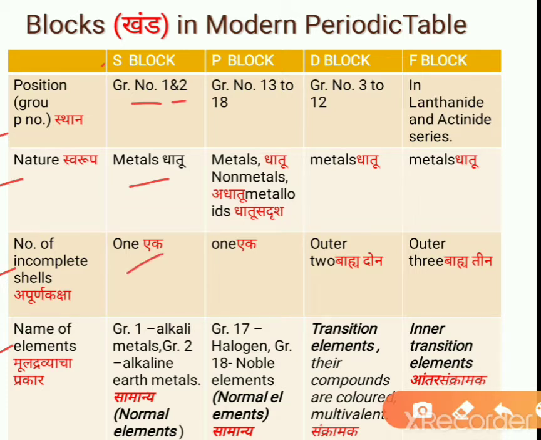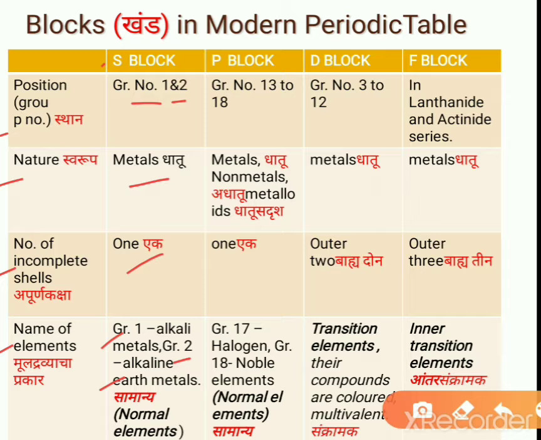These elements have only one incomplete shell, which means only their outermost shell is incompletely filled. The elements of group number first are called alkali metals, and group number second are called alkaline earth metals. Students, this is important, keep it in mind.